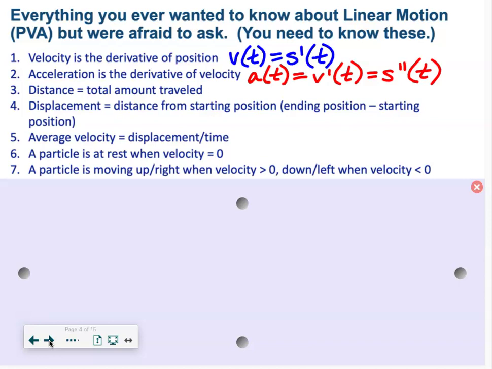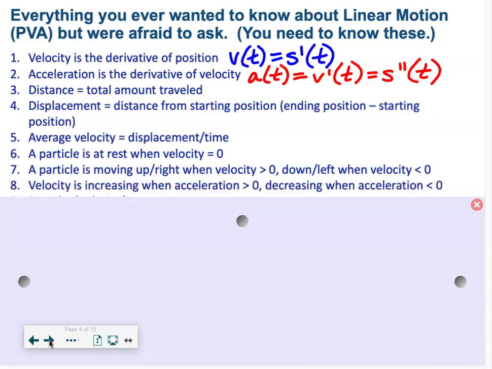If you're moving down or left, you have a negative velocity. And that's as deep as they get. So you don't have to worry too much in the College Board about in relation to stuff. You just say up, right, positive; down, left, negative. This book talks about forward and backward. So again, forward means positive, backward means negative. So, okay.